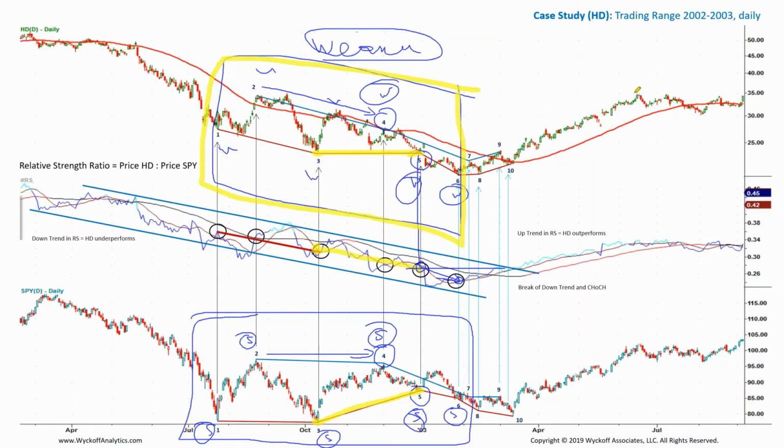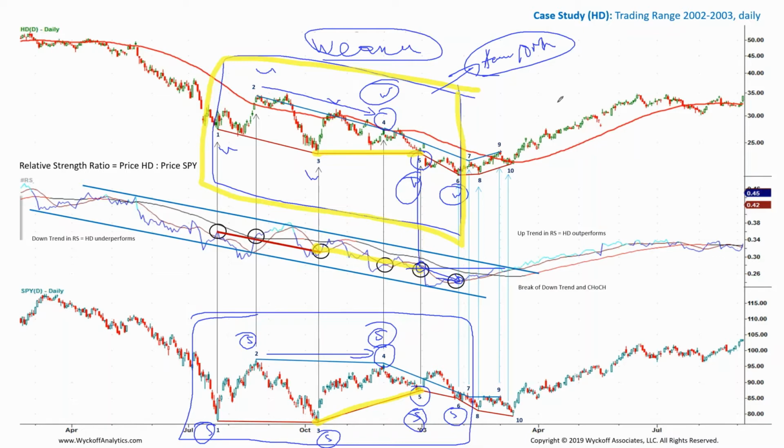So let me ask you this question. Does it mean that this is an accumulation or a distribution? Great question. Tricky question, very tricky question. Well, without knowing anything going forward, just looking at the chart, you could potentially be in both.